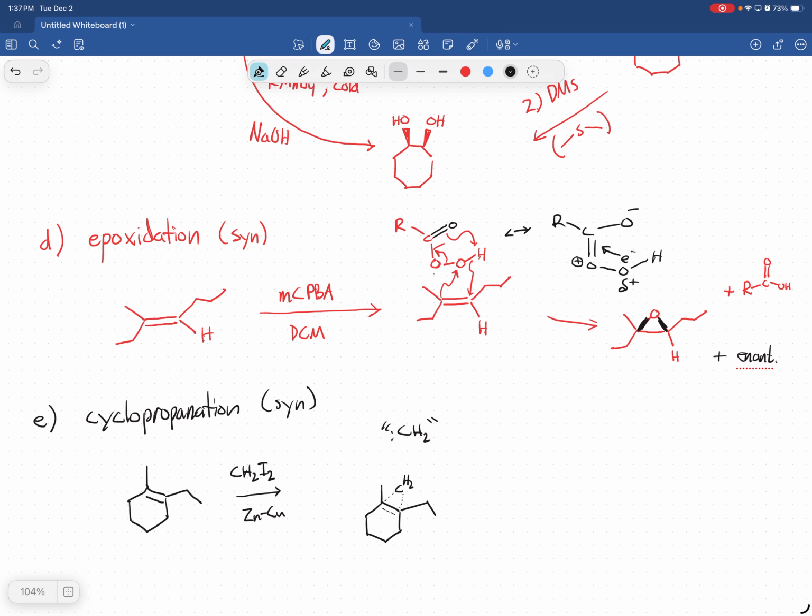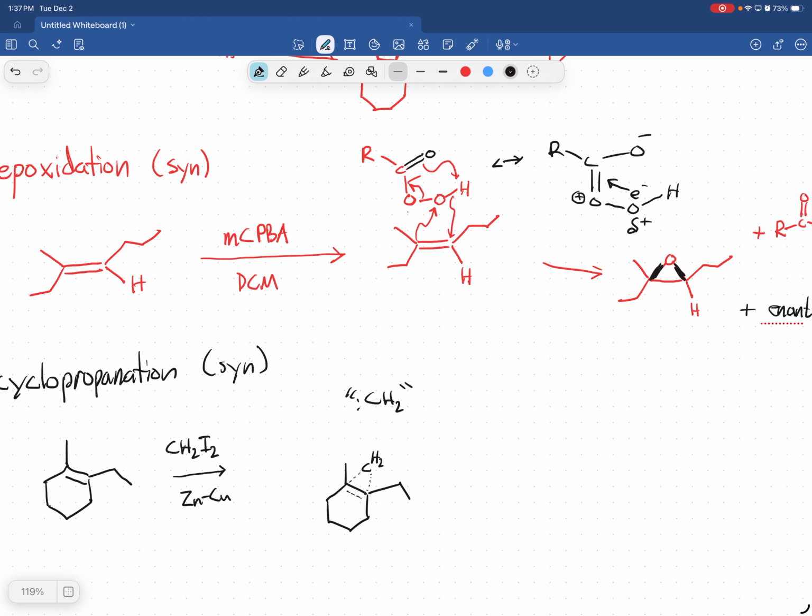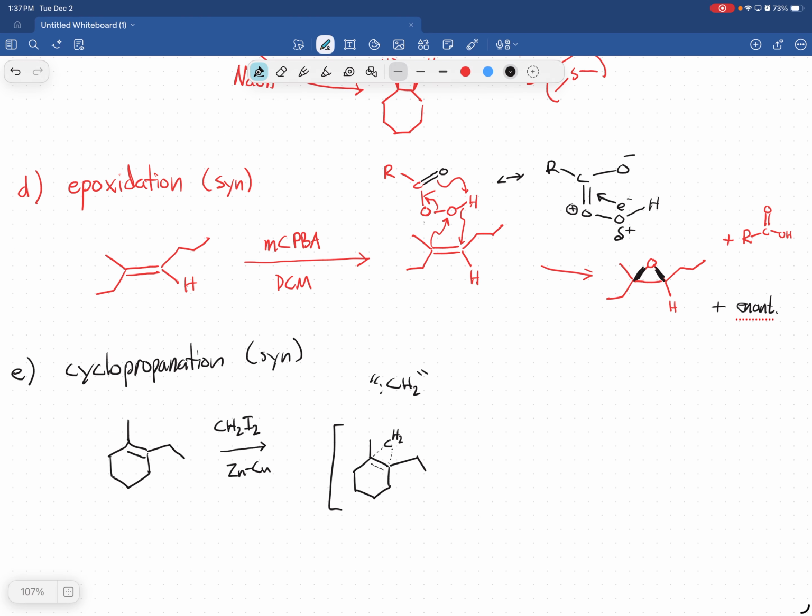I drew that, and that's how we form the cyclopropane. So this is our transition state, simplified version. The beauty about this is that the stereochemistry of your alkene substituents is retained. The stereochemistry does not change.